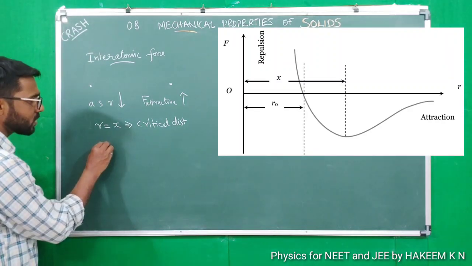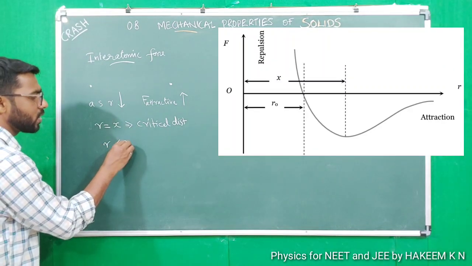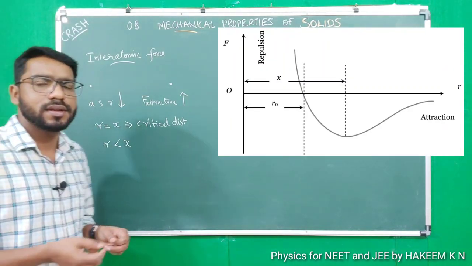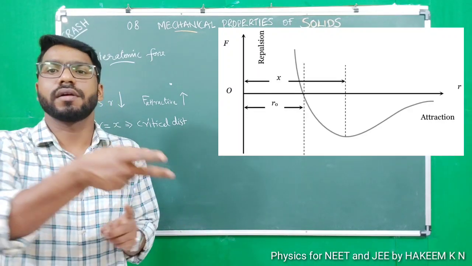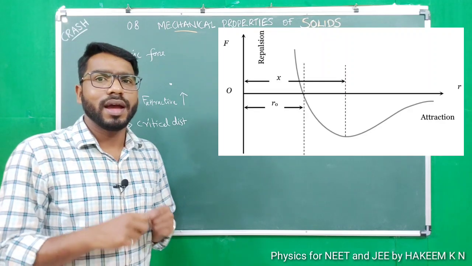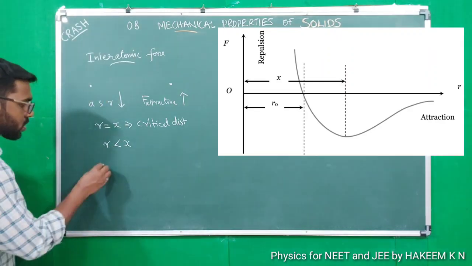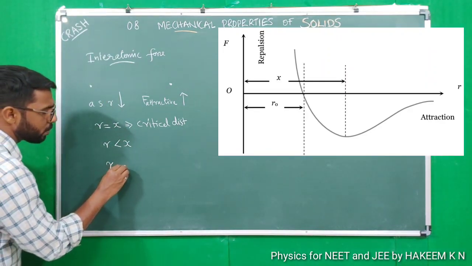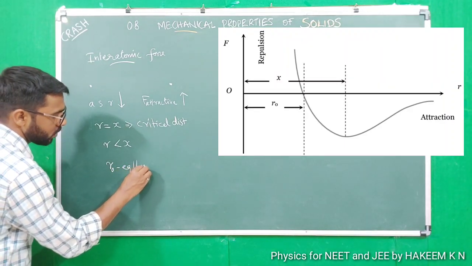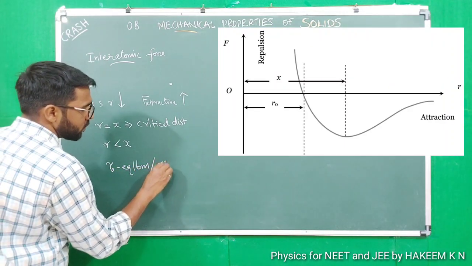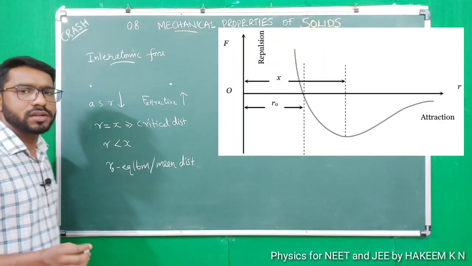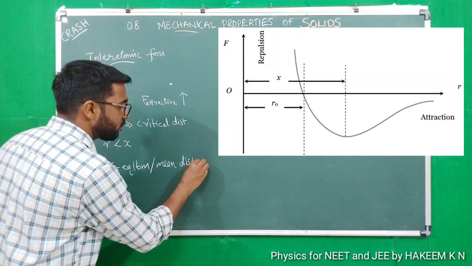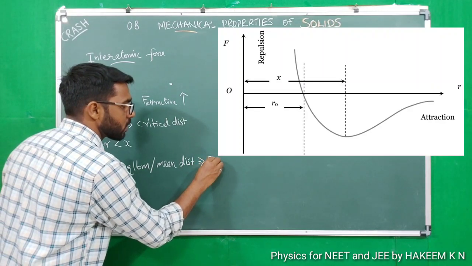If the distance again decreases to less than x, the attractive force starts decreasing rapidly. And at a particular distance called the equilibrium distance, or we will say the mean distance between atoms, the attractive force becomes zero.